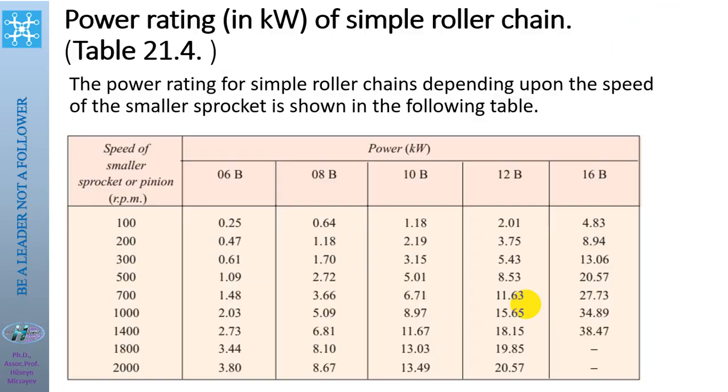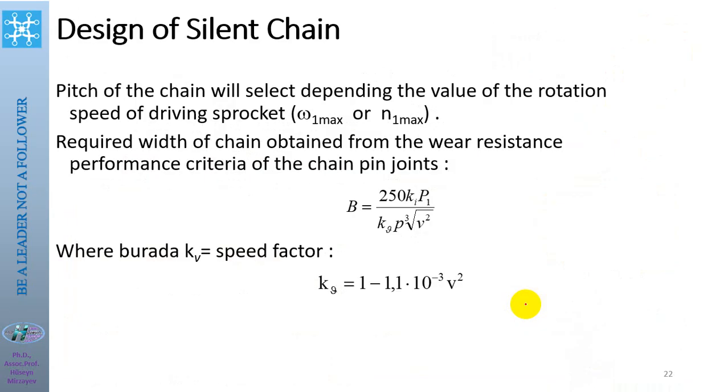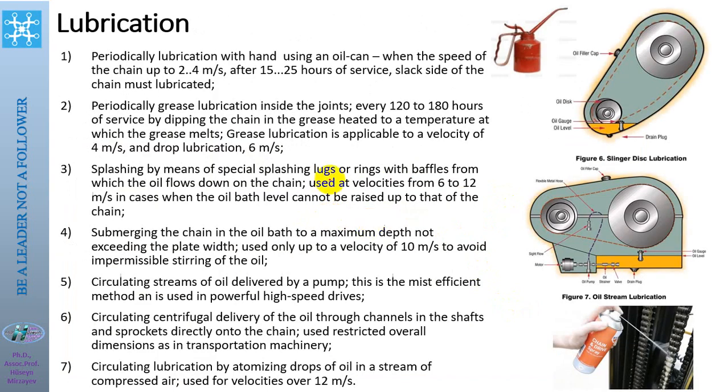Design of the silent chains is not important for our lectures, but in this figure, equations calculate the width of the chains as the main parameter. Lubrication of the chain is very important. There are different types of lubrication methods.